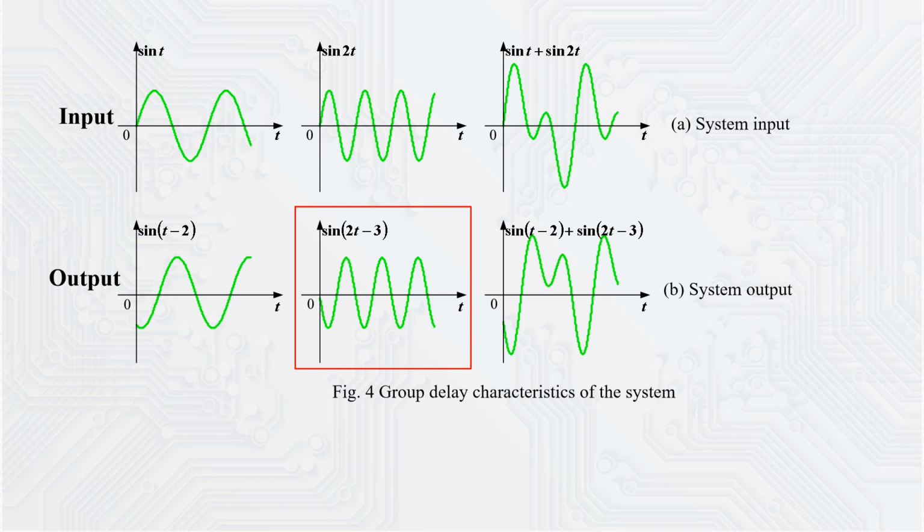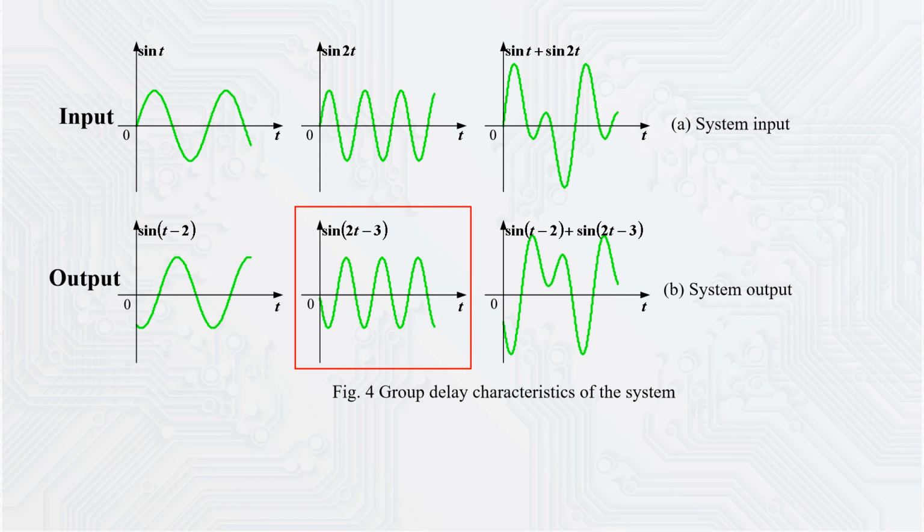Here, the actual time delay of sin 2t is 3/2 units. And for sin t, the delay is 2 units. Obviously, the time delay of the original signal sin t and its second harmonic are different.